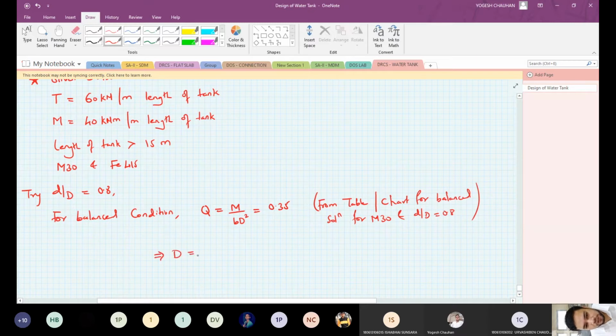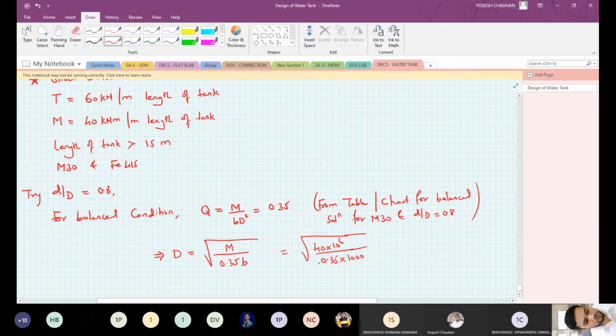So for balanced solution, d is equal to square root of M divided by Qb, 0.35b. Now M is 40 into 10 to the power 6 divided by 0.35 into 1000 for 1 meter length.